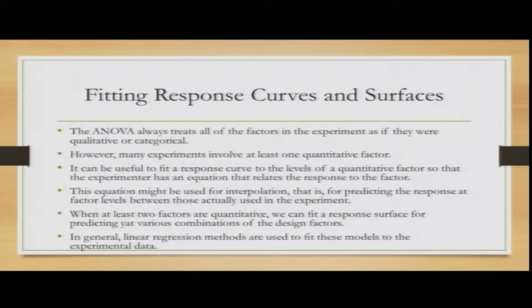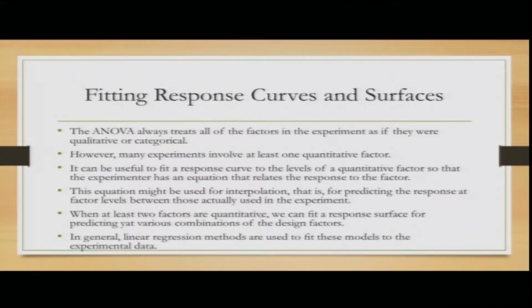These equations might be used for interpolation and better prediction, that is, for predicting the responses at the factor levels, such that we are able to understand the effect and the relationship of the factors to the maximum possible extent using quantitative equation modeling. So, let me read it.